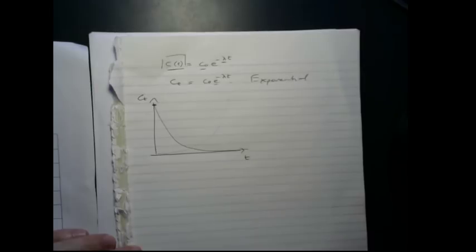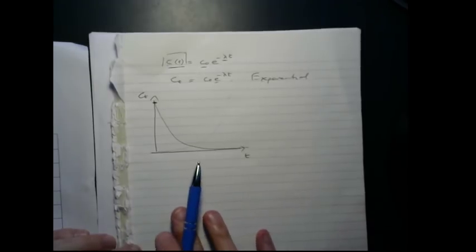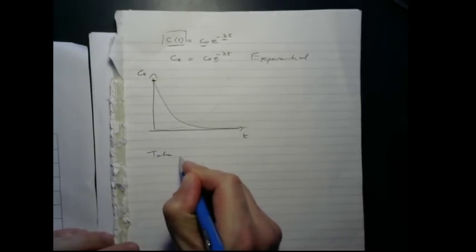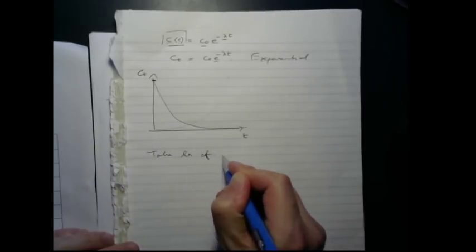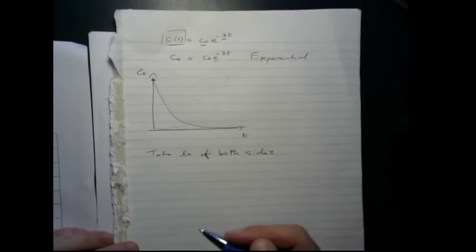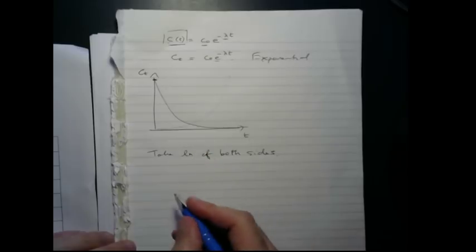That's how I'm going to get rid of that horrible exponential term there, okay? So you should be thinking natural logs. Right, so let's take the natural logs of both sides. I'm going to write that down. Take ln of both sides.